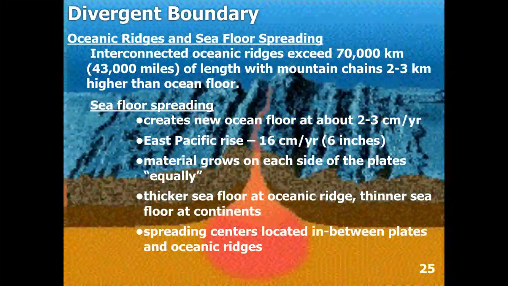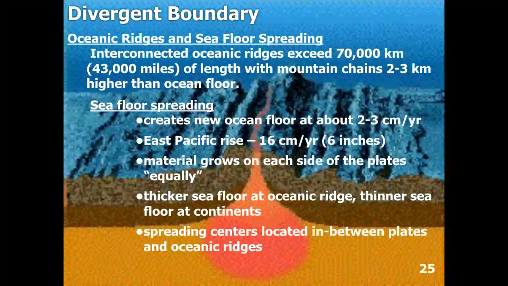And when we look at the divergent boundary, we're going to use the same animated slide that we use to describe a spreading ridge or spreading center. And that's because a divergent boundary is the same thing as a spreading ridge.